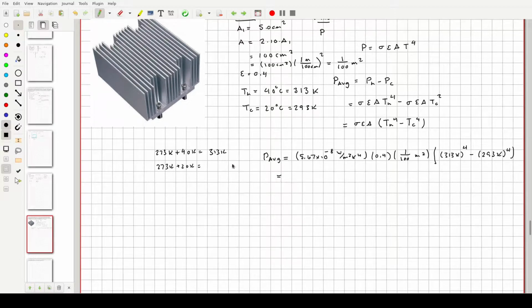So the power emission in this particular case is 0.505 watts. So half a watt, which is not bad.